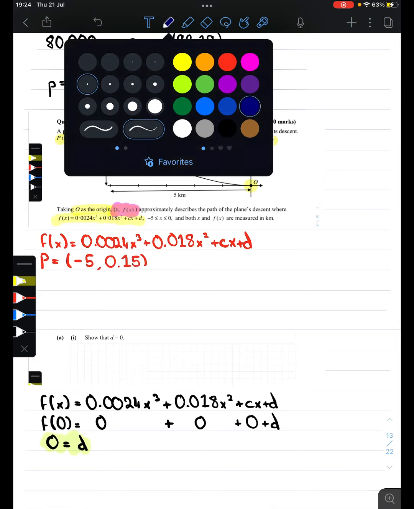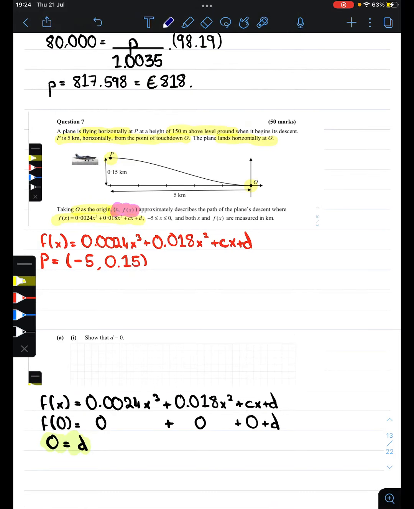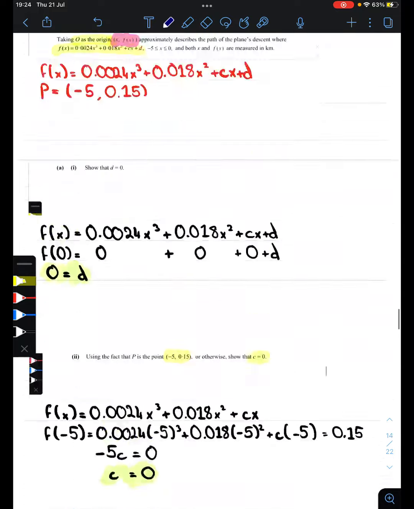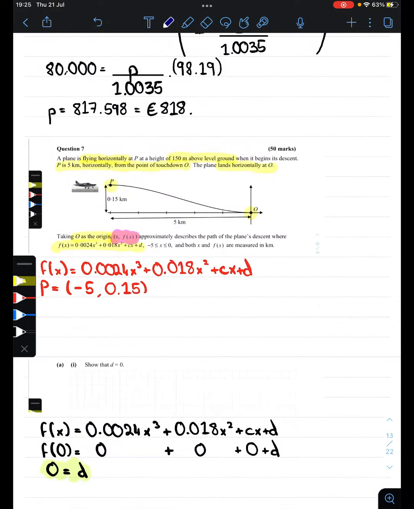It's kind of hard to conceptualize the angle it's descending. The angle it's descending would be something like this.